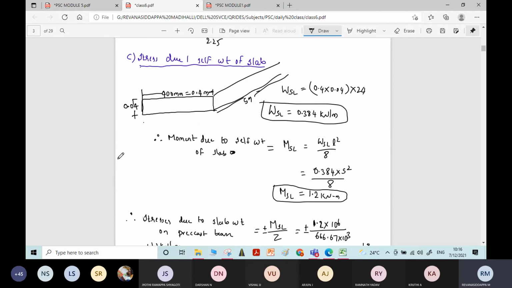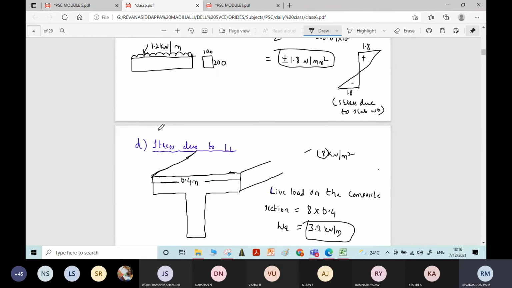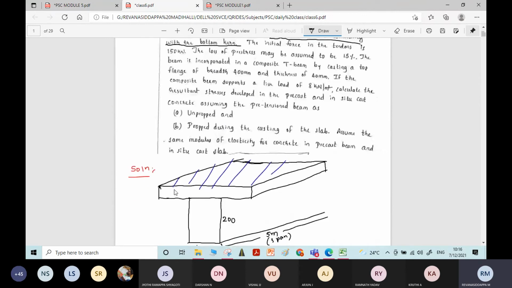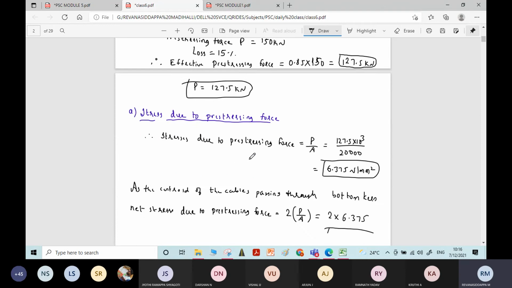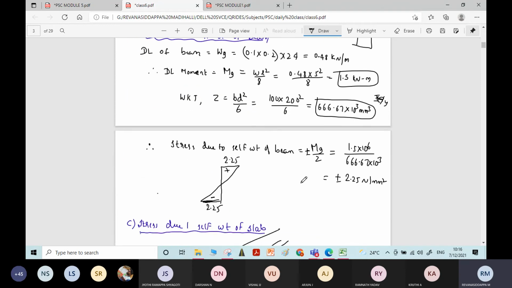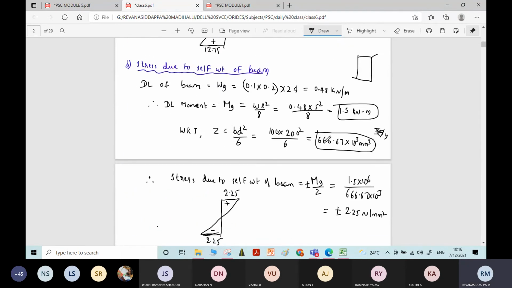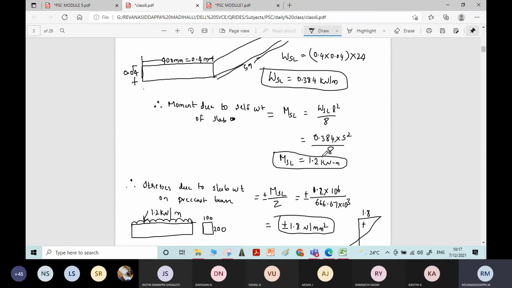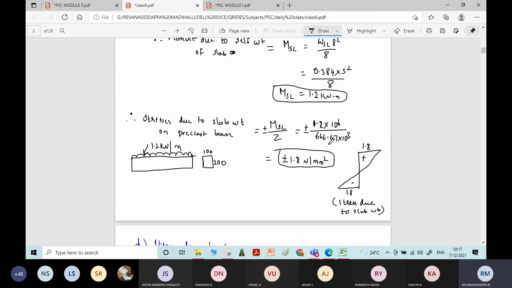While finding stresses due to self-weight of the slab, that self-weight of the slab will act only over this beam cross section. That is why the section modulus with respect to the beam cross section was taken in the second case as well. That is 666.67, which was taken in both the cases.